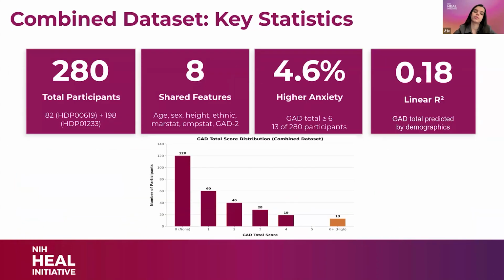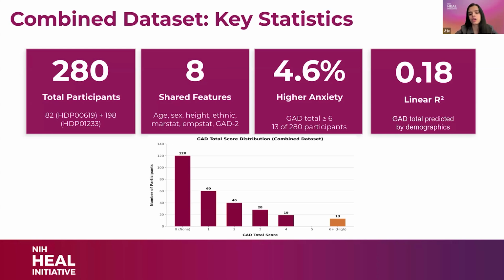With 280 total participants and 8 shared features, we had a workable data set. One number really stands out though: only 4.6% of participants, that is only 13 people, met the threshold for higher anxiety. This extreme imbalance became a central challenge for our modeling.